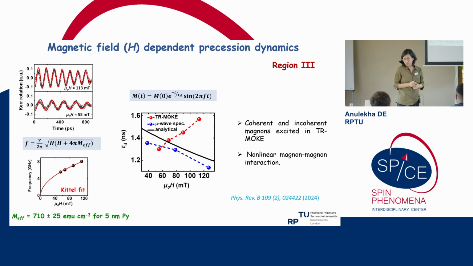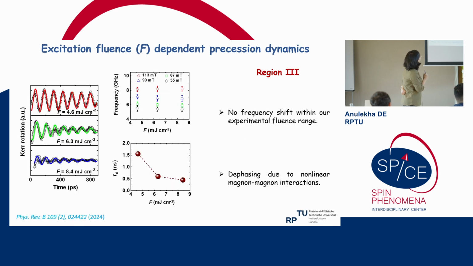To again confirm this observation, we have done some fluence dependent measurements. We increased the pump fluence, measured the time resolved dynamics, and did the same treatment, fitting the data with the sinusoidal function to extract the lifetime.